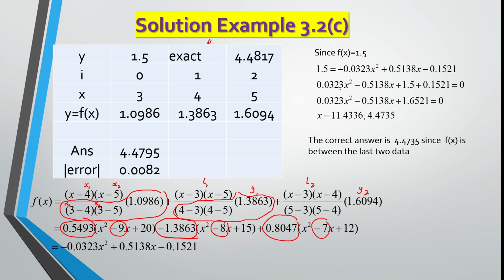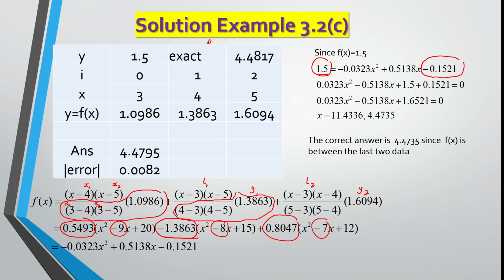And then given f(x) is 1.5, that's why you put here 1.5 equal to negative 0.0323x squared plus 0.5138x minus 0.1521.